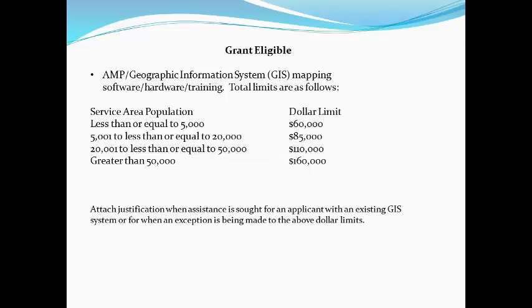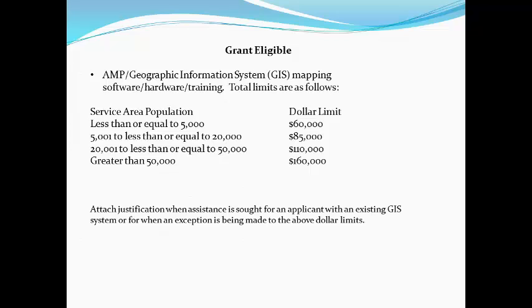What is eligible? There are a number of grant eligibility items for asset management planning, and I'll address a couple of the more important ones, or the ones we've had most discussion on. The SAW asset management plan will cover costs for the asset management plan software, hardware, and training, and GIS hardware, software, and training.